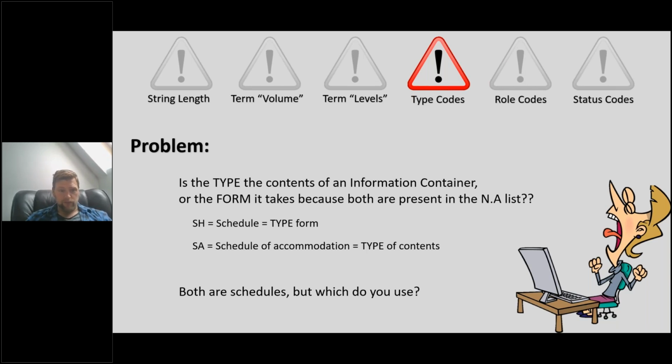So for example, in this example you see here, is the type of the contents of an information container the form, which is the schedule, or is it what's actually within the document, which is the schedule of accommodation? So both are schedules, but one of them kind of goes deeper into the contents and actually tells you what the contents are, which is around about the understanding of rooms, part of the accommodation breakdown.